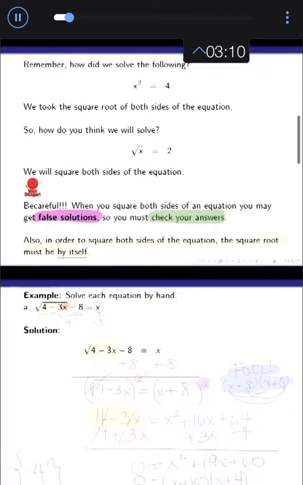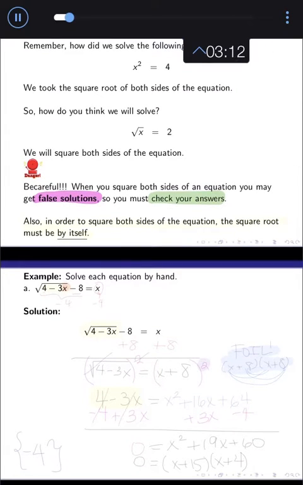In order to solve an equation like this where you have a square root, we can't get rid of the square root until the square root is by itself. So in this first example, we notice that the square root is not by itself. So how do we get this square root by itself?